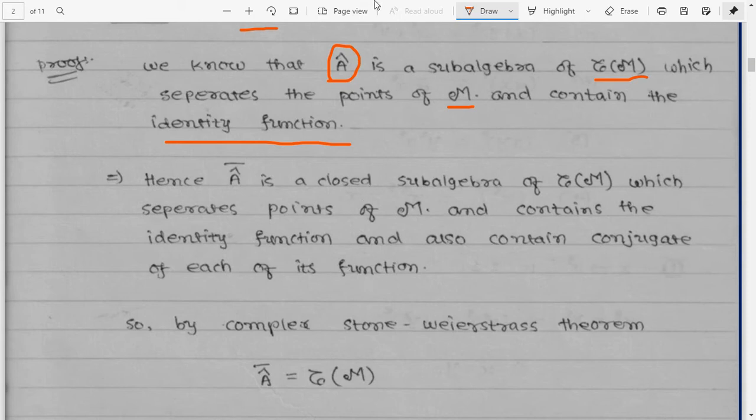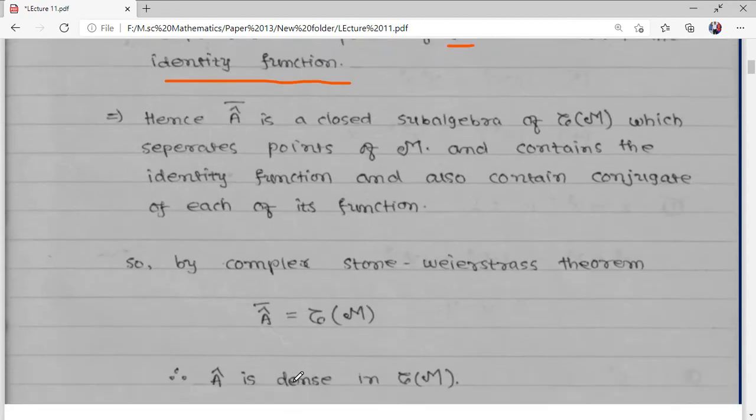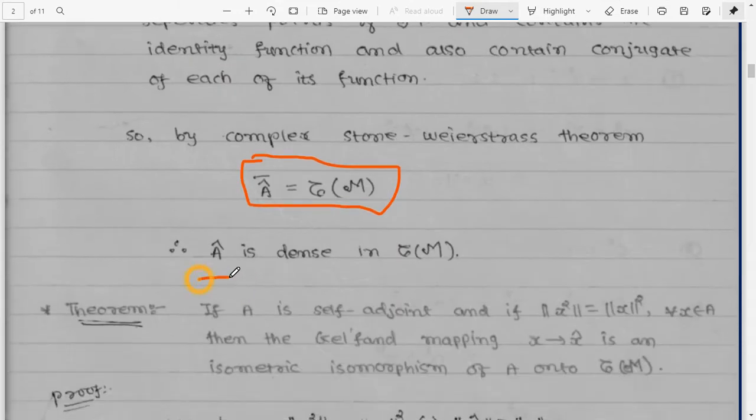So, by the above theorem, the complex Stone-Weierstrass theorem, A cap closure is equal to C(M). So, A cap is dense in C(M).